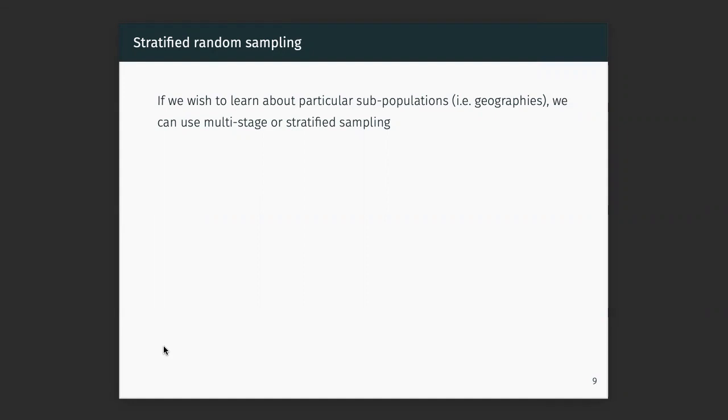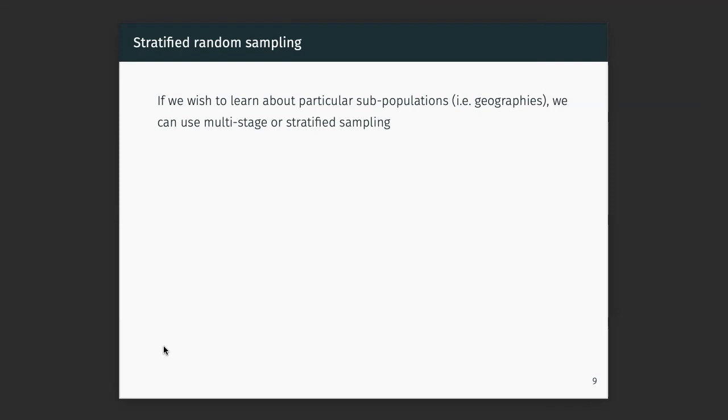So the population will be New Jersey, but then we think that populations are kind of clustered within cities, right? And so maybe we want to sample from Newark, and then maybe from Trenton, and then maybe from Paterson, right? And then maybe from Princeton, whatever, right? We want to draw all these different cities into distinct subgroups, right? And we can stratify our sampling process according to that data structure, right? According to those subpopulations of interest.